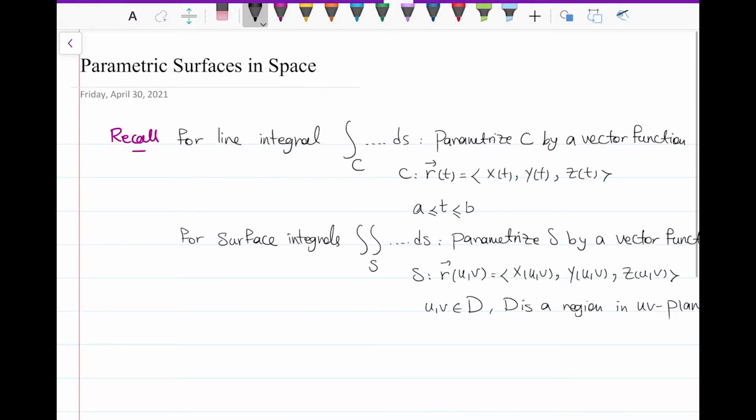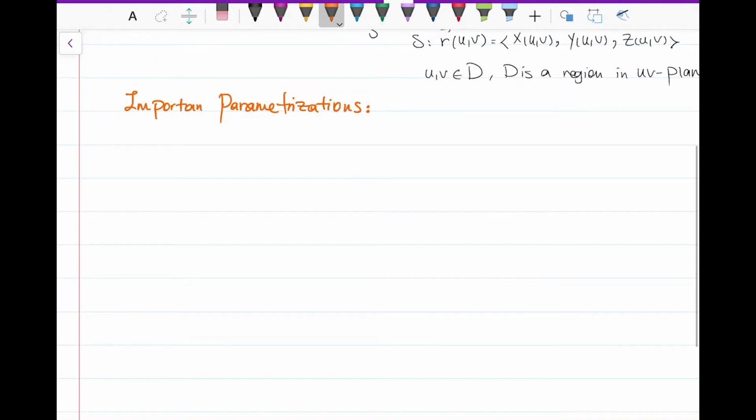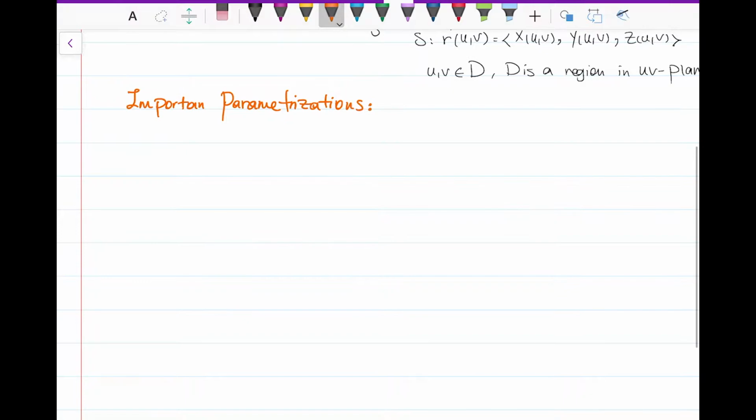So now we're going to talk about some important parameterizations that we're going to use a lot in examples and homework problems. The first one is a graph of z equals f of x and y.